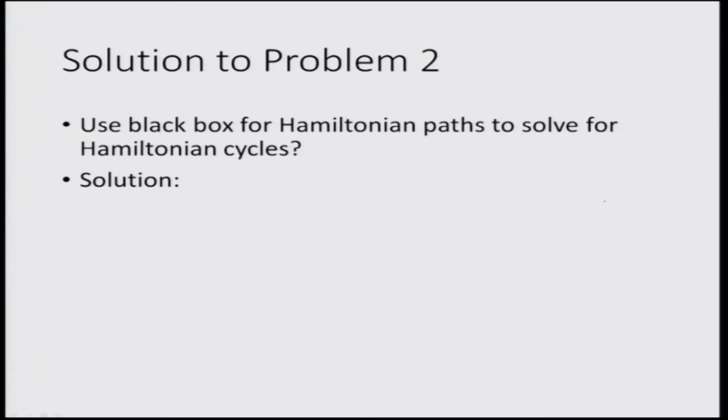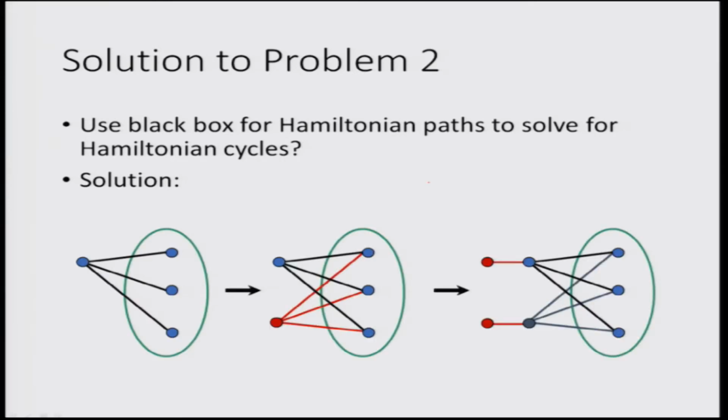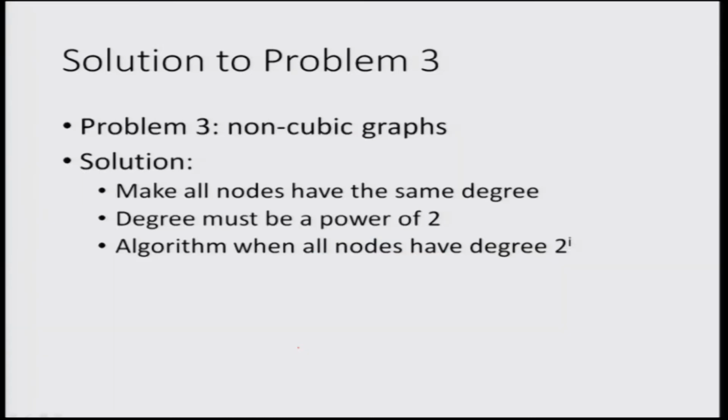For the second part, we can use the black box for Hamiltonian paths to solve for Hamiltonian cycles, and that corresponds to the graph theoretic approach of Hamiltonian paths. And finally, for non-cubic graphs, we can make all nodes have the same degree, wherein the degree must be a power of 2, and the algorithm works when all nodes have degree 2 to the power x.